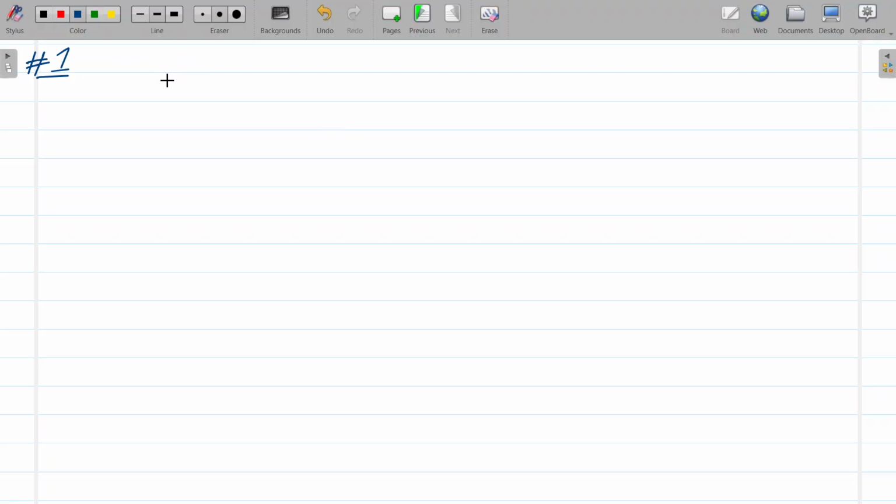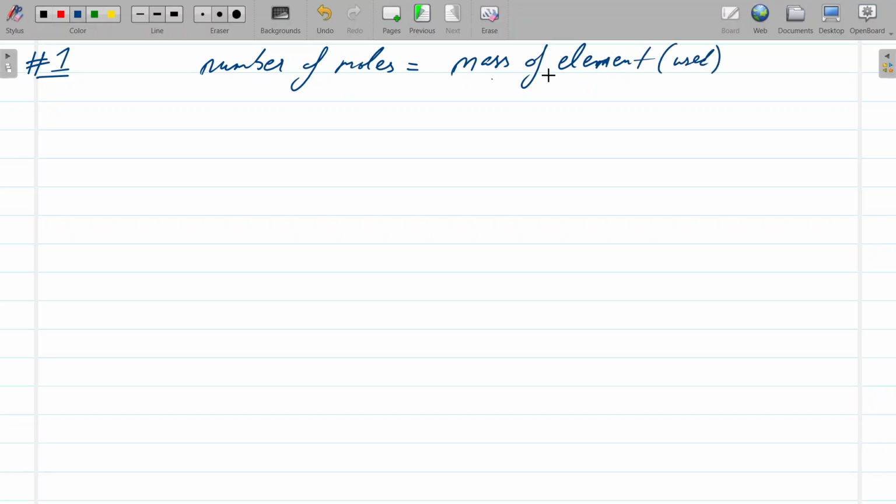Formula number 1 is: number of moles equals mass of element (let me write in brackets, this is not given in the formula, I'm just putting it there) over molar mass.